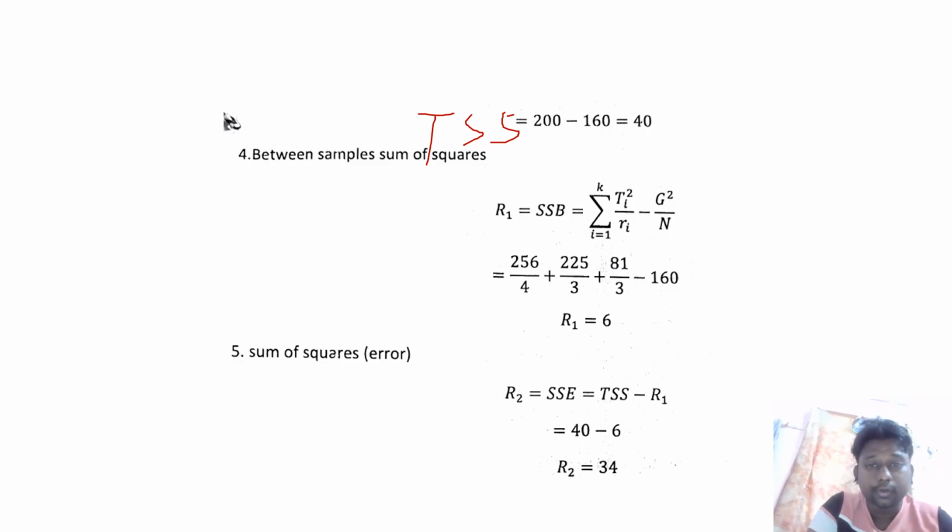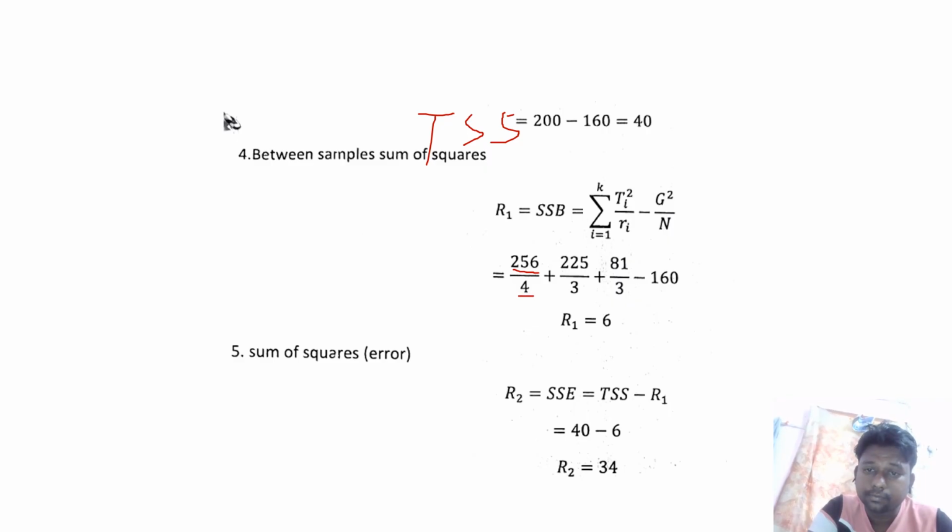Since we have only one treatment here, we add the treatment values and divide by how many rows are in every treatment, calculating the Ti squares over the number of values. For the first, the Ti square value is 256, and they have four columns, so we divide by 4.